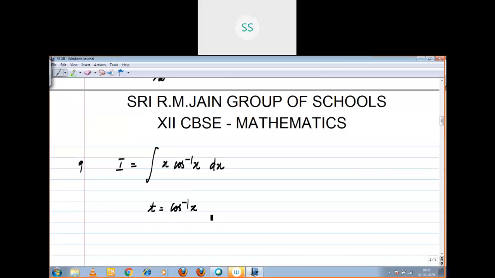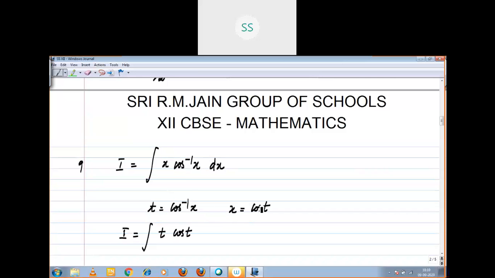How am I going to convert this into trigonometry? You have to listen carefully, children. Let x equal cos t. Now you understood? Now how will I change? I equal to integral of t, cos inverse x, so x should be replaced by cos t.